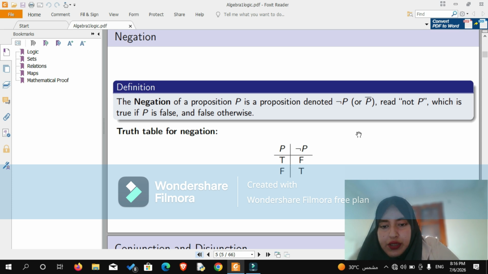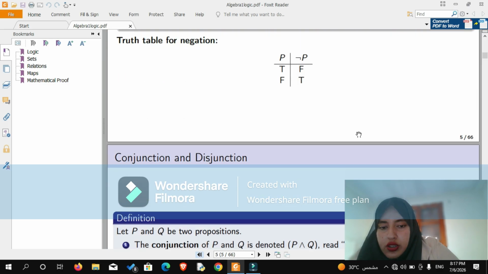Table for this proposition: the proposition can be true or false, and not P is false if P is true, and true if P is false.